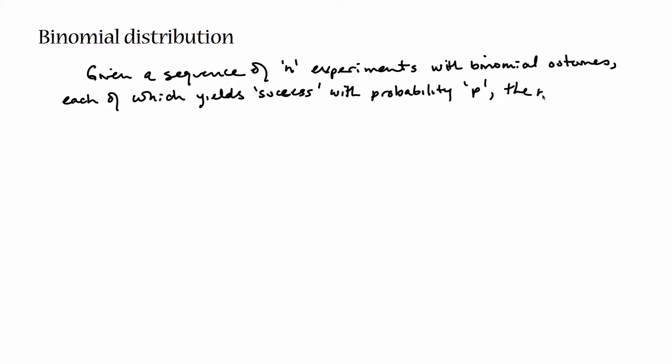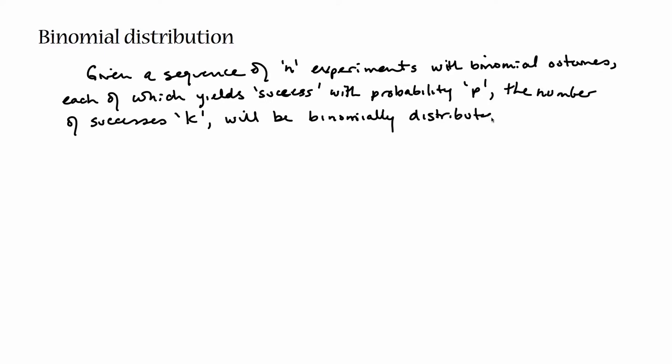The number of successes, so the number of times you get heads, or the number of times Schrodinger's cat is dead when you open the box, we're going to call that k, will be binomially distributed. So that's a definition of the binomial distribution, which is discrete.